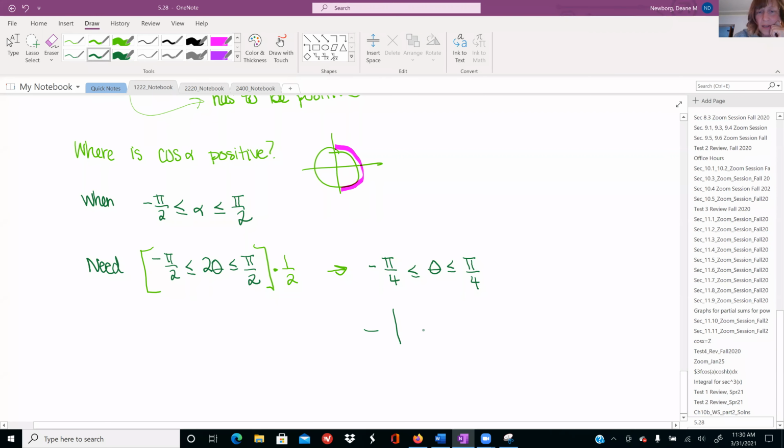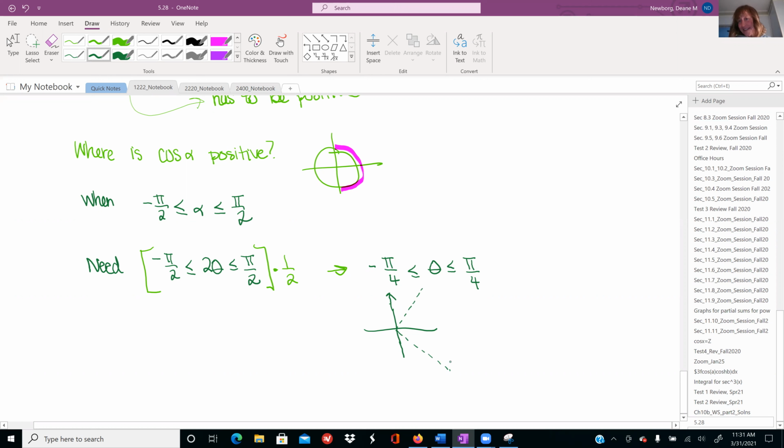So when I plug things in, for theta, they have to be between negative pi over 4 and pi over 4. So pi over 4 goes right through the middle of quadrant 1, and negative pi over 4 goes right through the middle of quadrant 4.